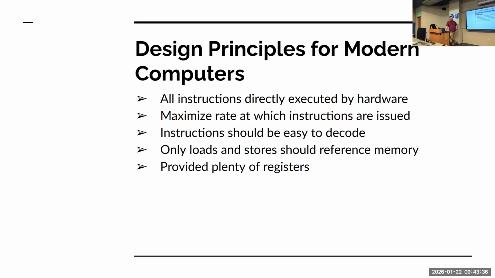We're going to have load one, and we're going to load a value into our register A, but register B is always going to be grabbing it from memory, because otherwise things get complicated. And we want to provide plenty of registers, because if we can keep the data we're going to be using in a while in a register and we don't have to retrieve it again, our program can be a lot faster. Our execution can be faster.